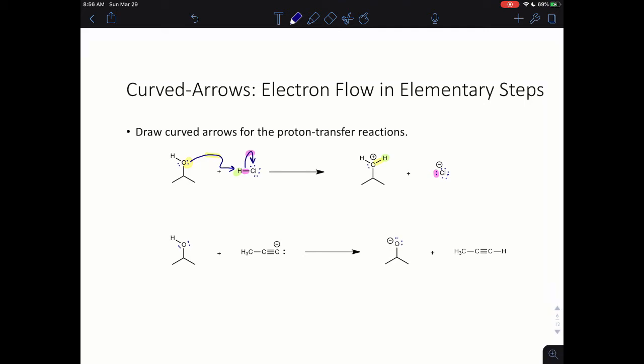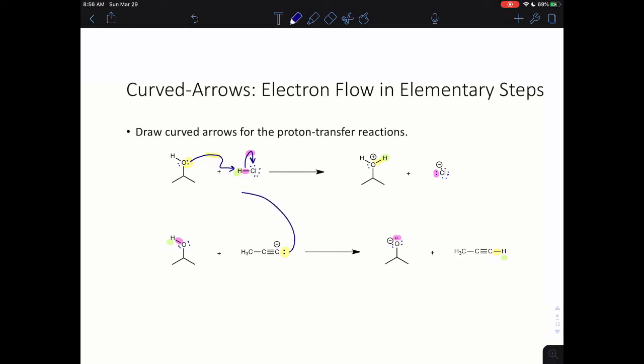I'm going to draw in some lone pairs on oxygen. So this time, it looks like these electrons on carbon are now going to be making a bond with hydrogen. And let's go ahead and label my hydrogens with color code. It looks like it's that hydrogen, because it also seems like this pair of electrons between oxygen and hydrogen here on the alcohol ends up localized on oxygen.